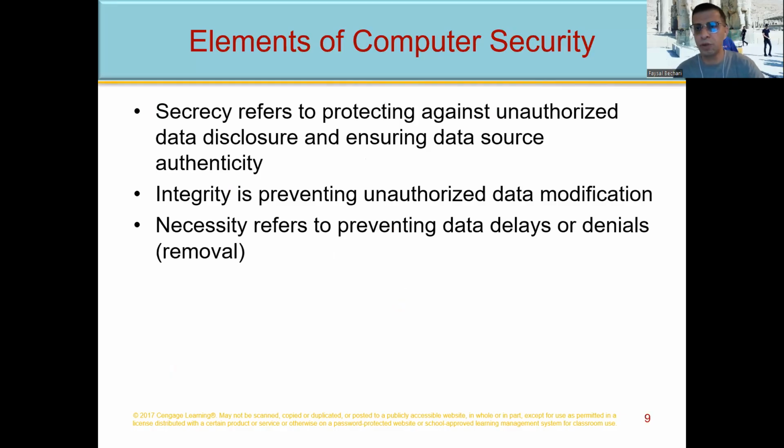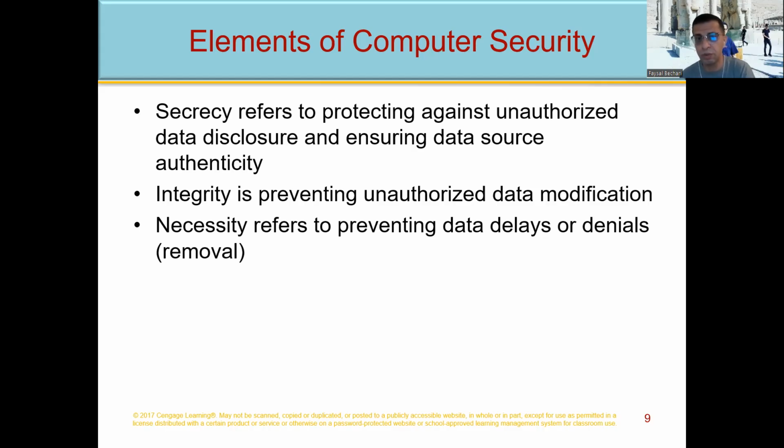The elements of computer security. Secrecy refers to protecting against unauthorized data disclosure and ensuring the data source's authenticity. So you want to protect your data, because any access to the data by an unauthorized person or thing might change the data and destroy the whole data for you.